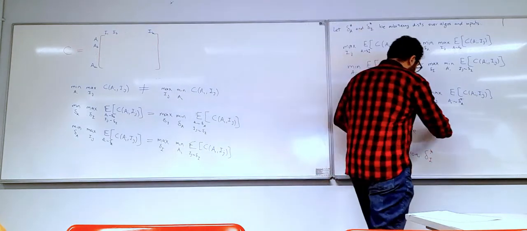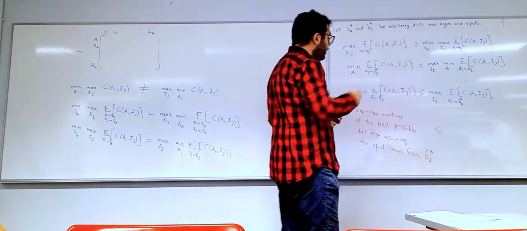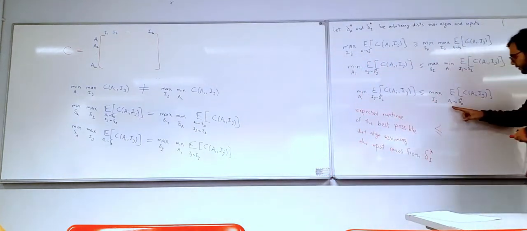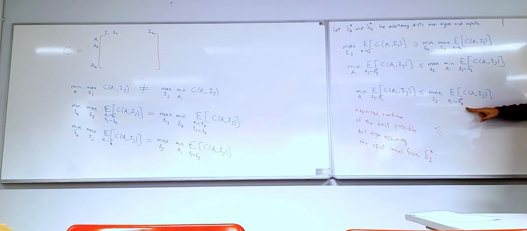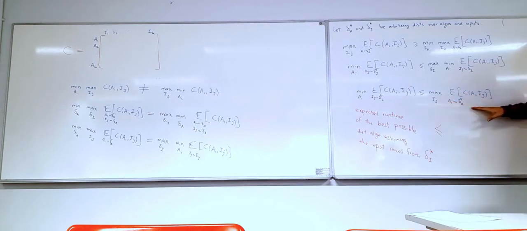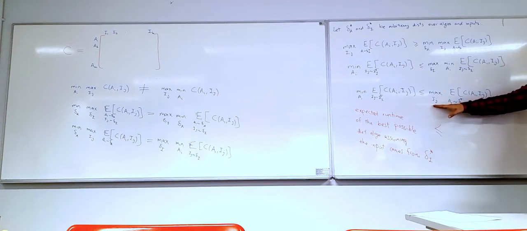Now, what is this side? This side is saying that you can have a distribution over the deterministic algorithms. And a distribution over the deterministic algorithms is basically a randomized algorithm. Right? So all of this part is saying the expected runtime of a randomized algorithm. But that's the expected runtime, and then we are taking the maximum of the expected runtime over all possible inputs.